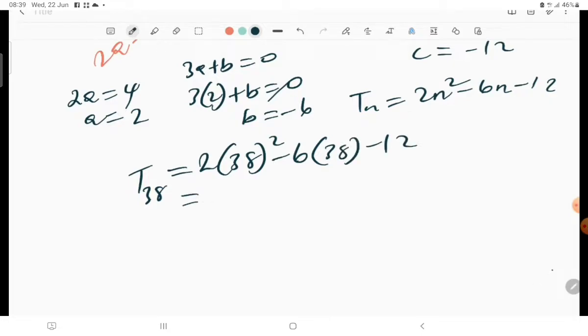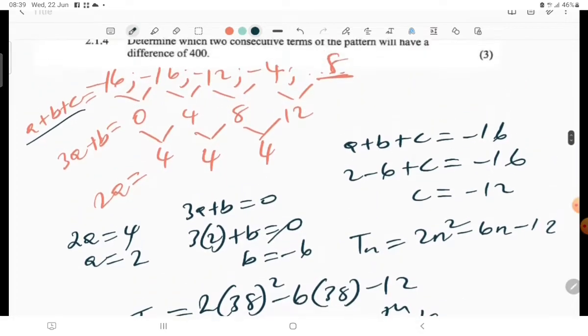Then 2 times 38 squared, then minus 6 times 38, don't forget the squared, ladies and gentlemen, then minus 12, and therefore we get 2648. So this is the 38th term of that quadratic pattern. So we are done with that one.